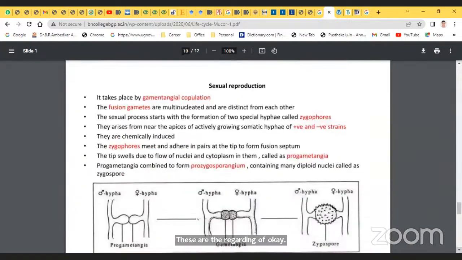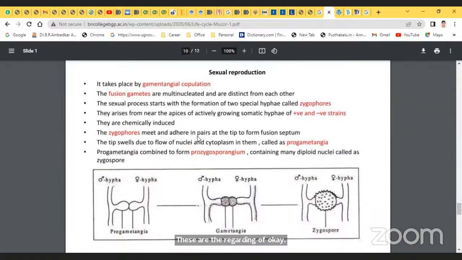Next, sexual reproduction. Sexual reproduction takes place by gametangial copulation. So what is gametangial copulation? We already discussed it in the general characters or classification of fungi. Anyone?